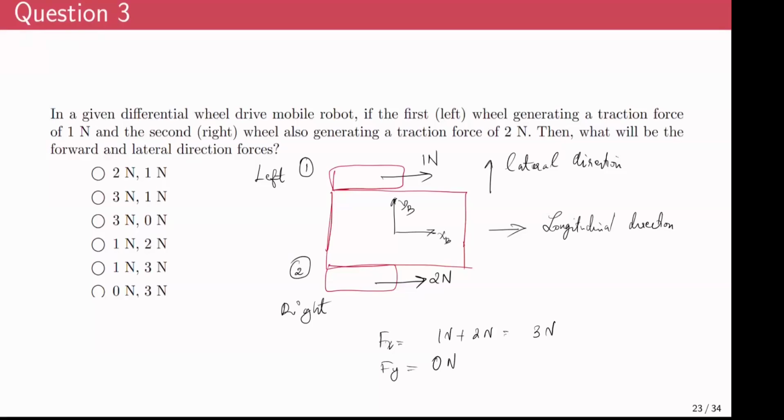So I think the answer is option C. This is the forces in the forward direction. And this is the forces in the lateral direction. I hope that is clear.